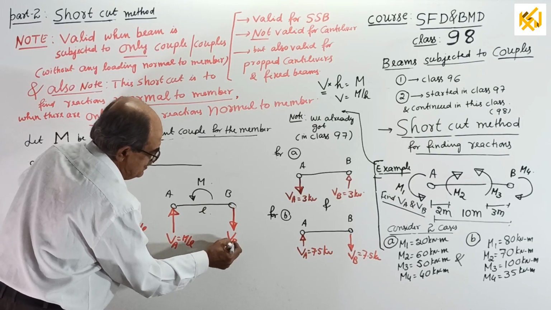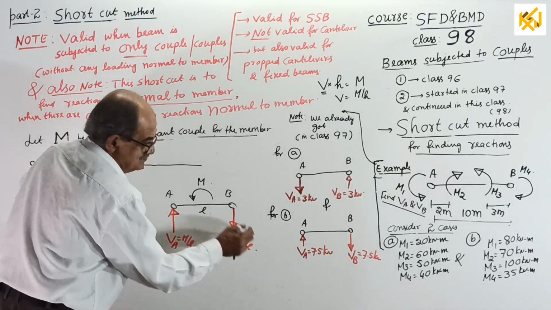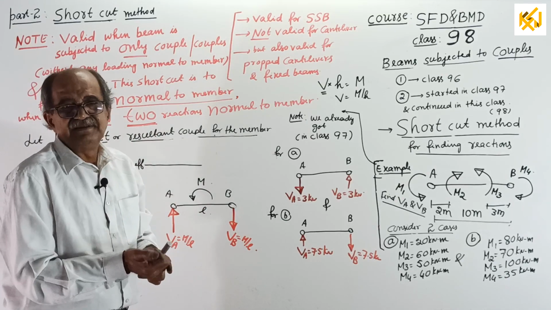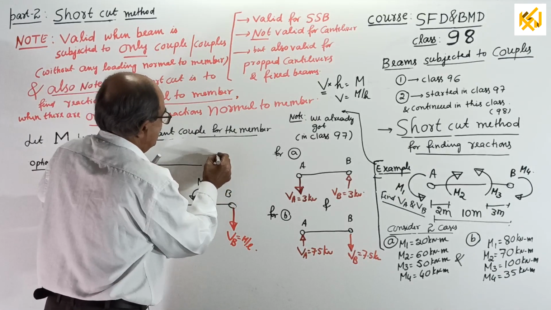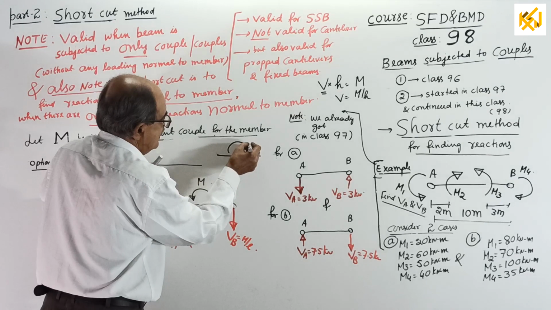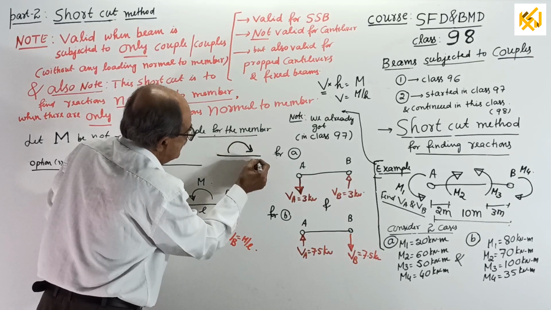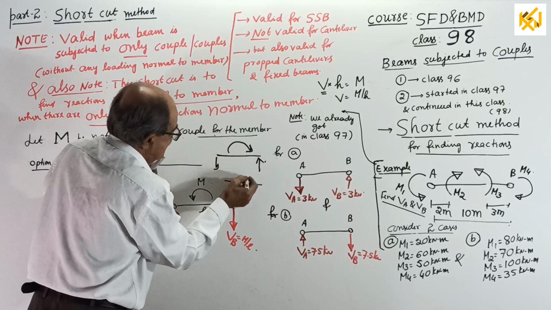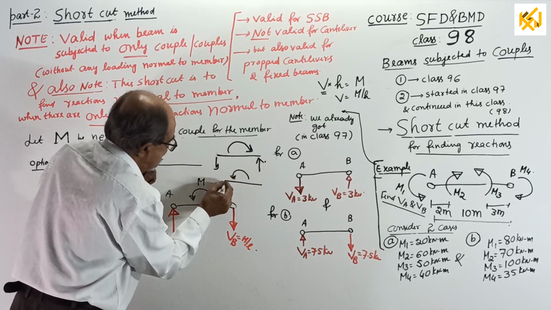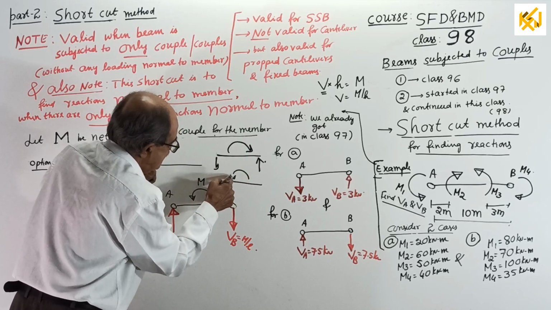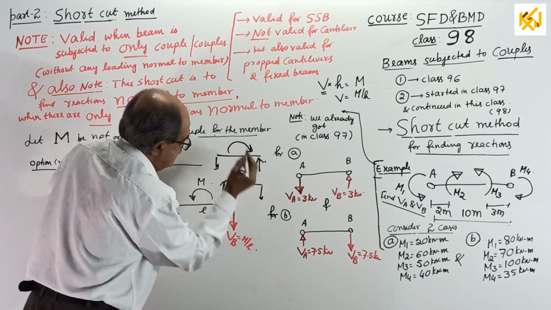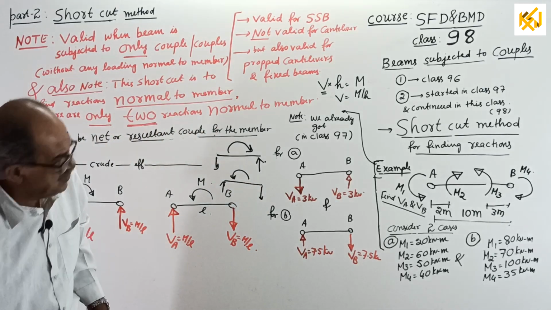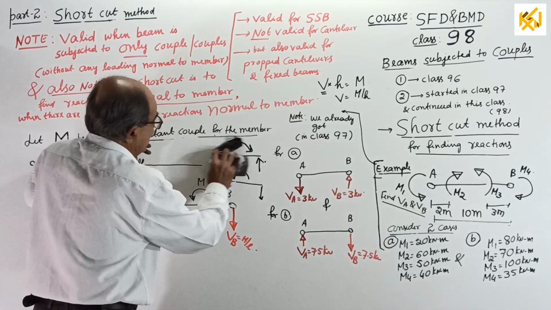VB equal to M by L. This is the crude method. You do whatever you want.